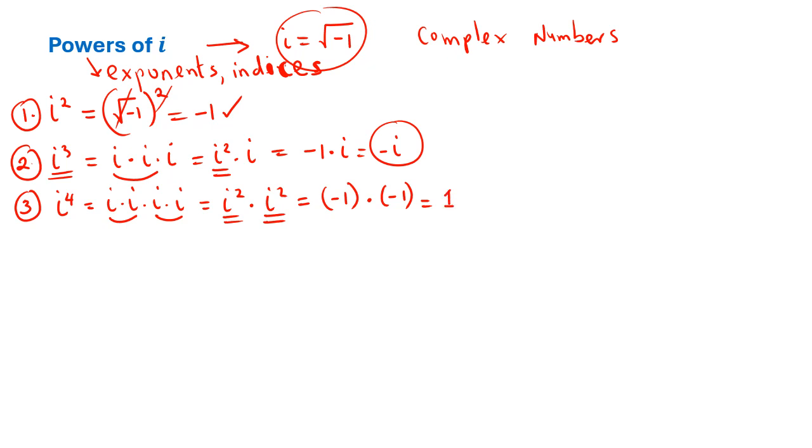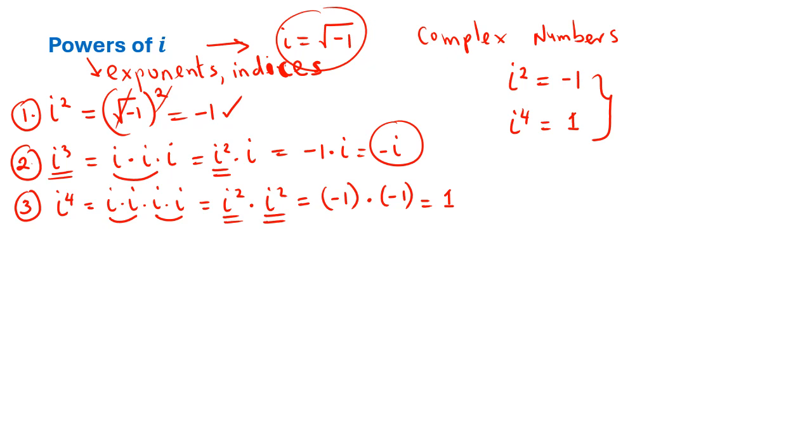So we take note that i to the second power is -1, while i to the fourth power is equal to 1. These two facts will help you solve any problem involving the exponents of i.